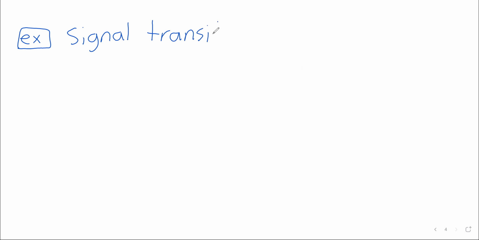As a simpler example of something that you might think of as a Markov chain, you might think of signal transmission. And for simplicity, let's just look at an individual bit of data.